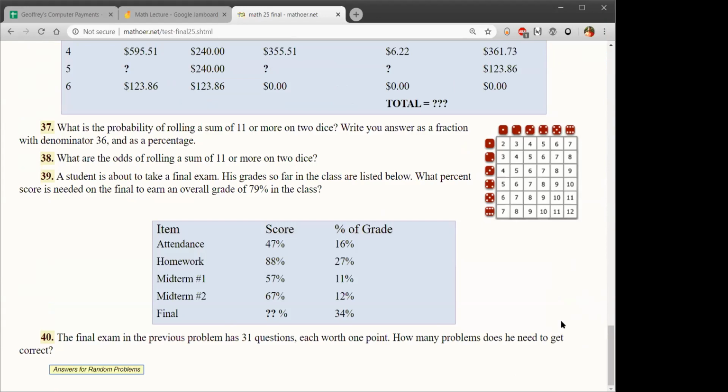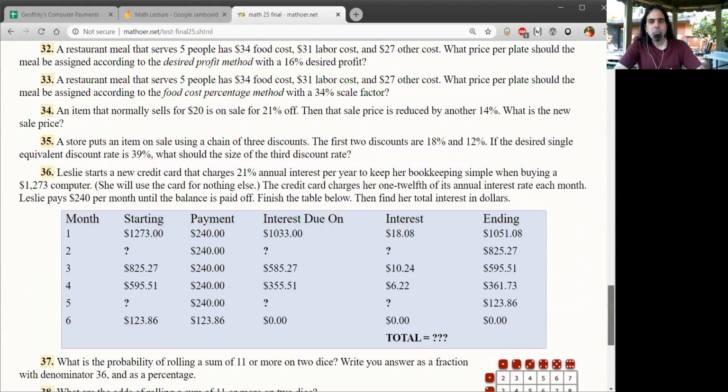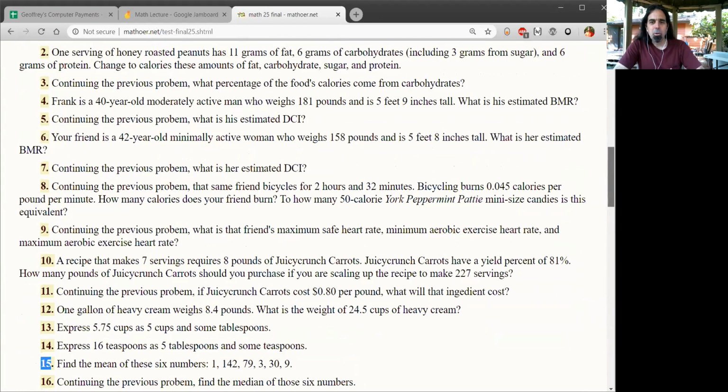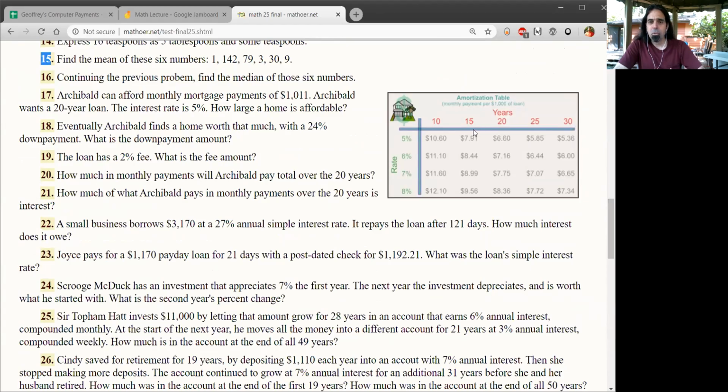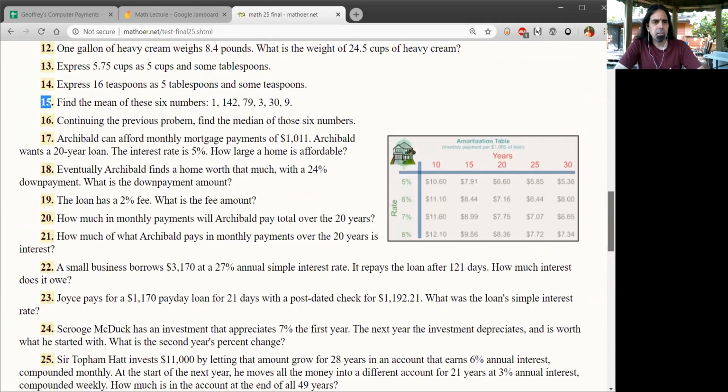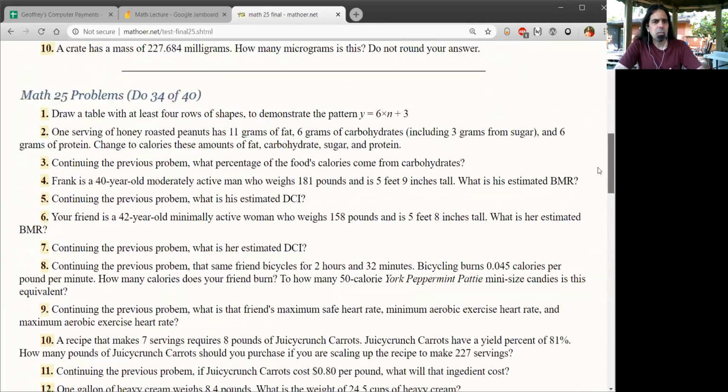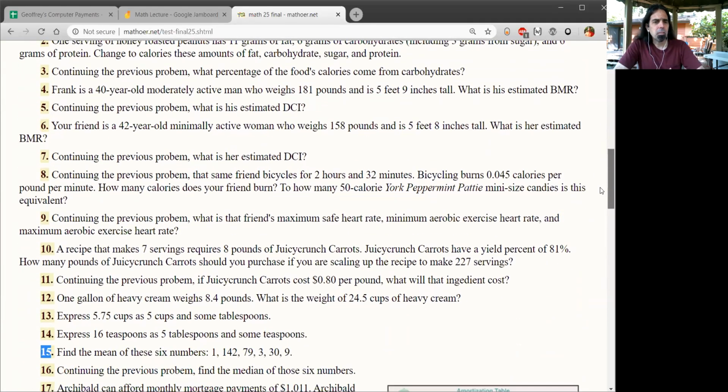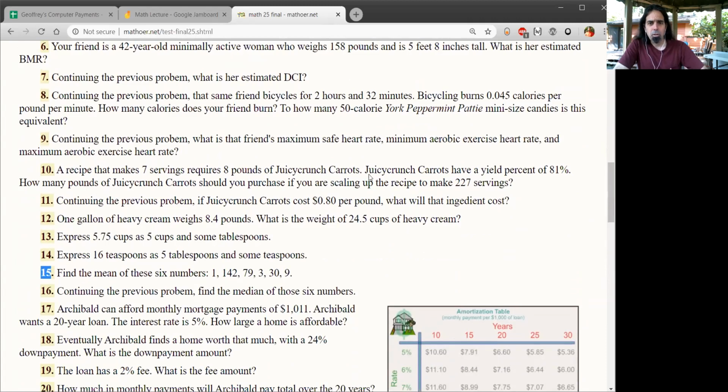Do we have to have all the formulas on a separate piece of paper? You don't have to show me your notes. It gives you a few things, like the amortization table. And for a fictitious type of vegetable, it gives you the yield percent, so you don't need the yield percent table. But for lots of things, yes, you need notes.